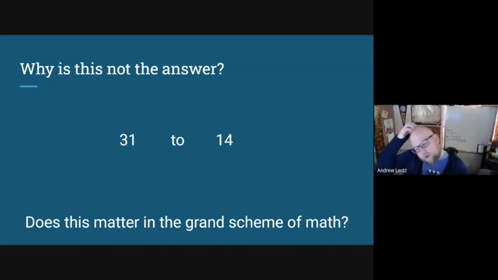What does 31 represent? In my ratio, 31 represents what? Does 31 represent the total number of cats, or does 31 represent the total number of animals?